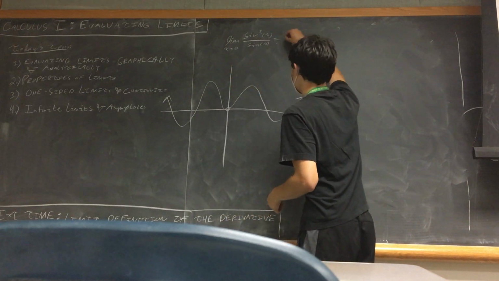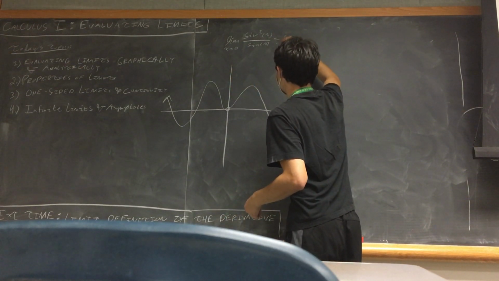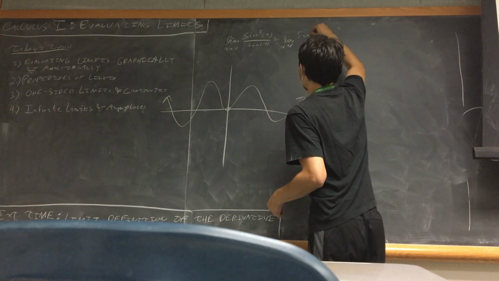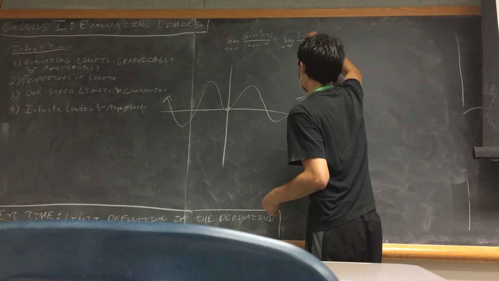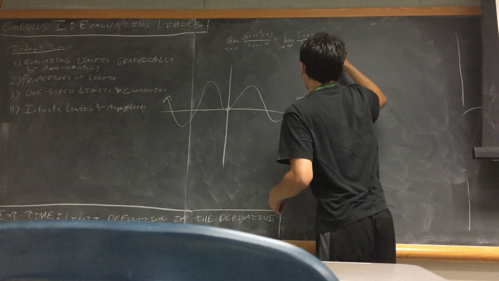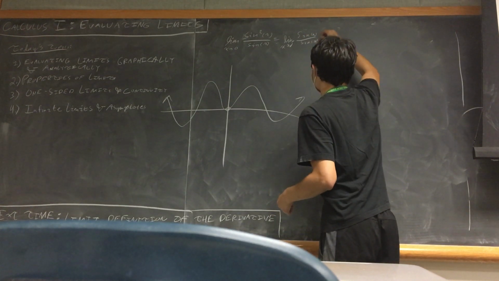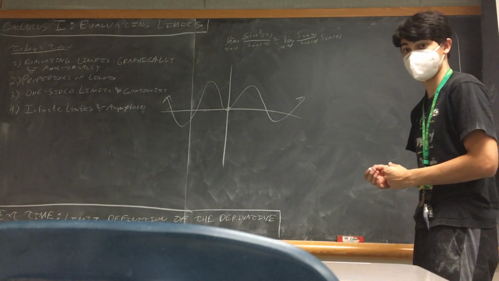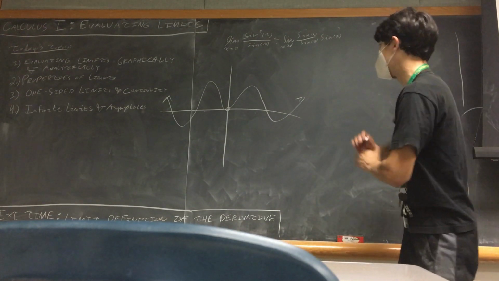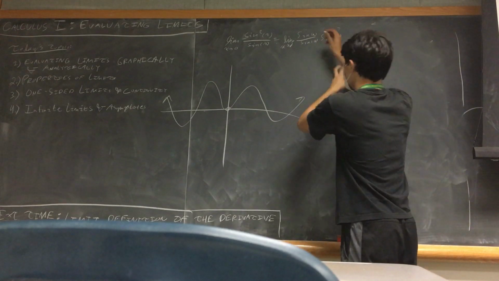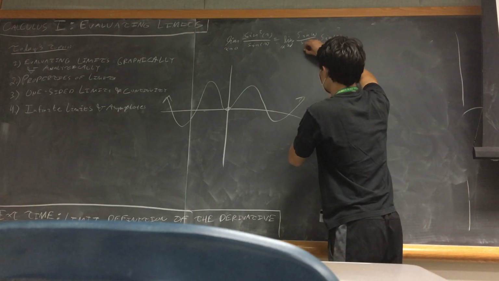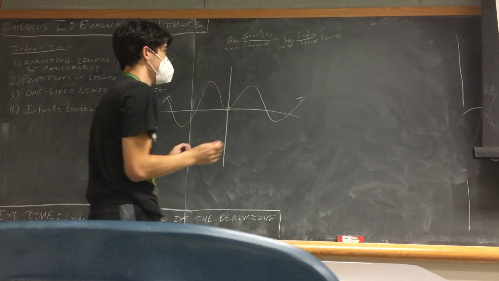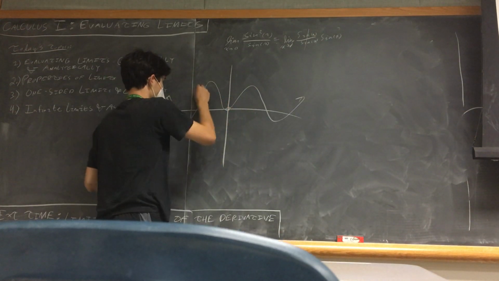But this graph, so we have the limit as x approaches 0 of sine of x over sine of x times sine of x. And if you look here, this will cancel.